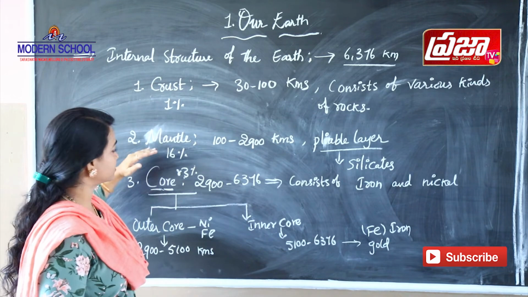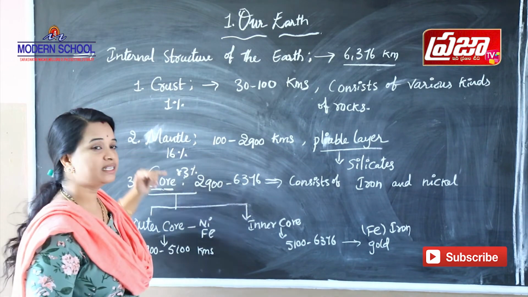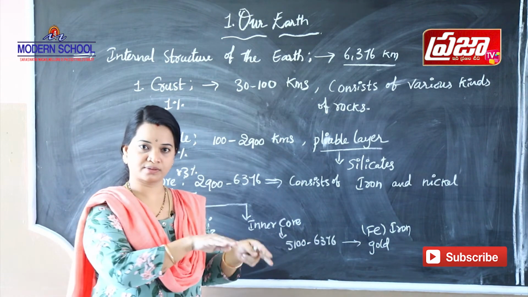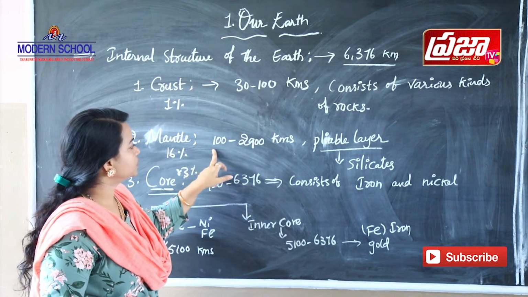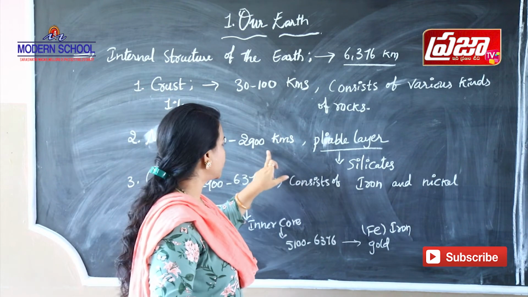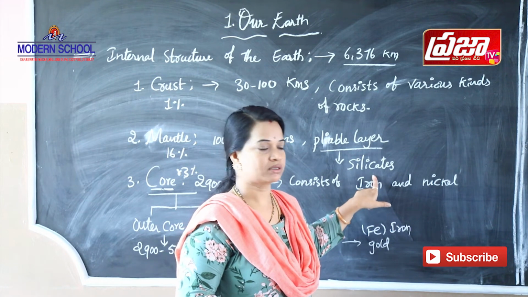And coming to the next layer of the earth, that is the mantle. Mantle is a pliable layer on which the crust floats. It extends from 100 to 2900 kilometers in the radius of the earth, and it has mostly silicates, the chemicals.